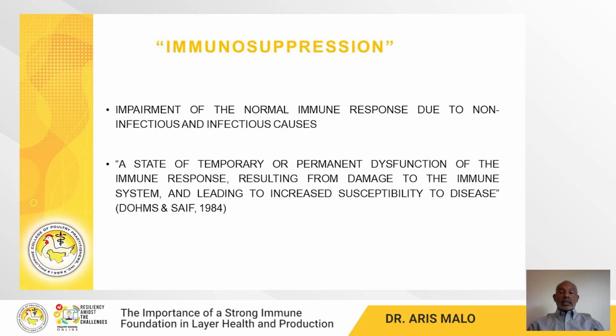The consequence of all of this will be immunosuppression, which is an impairment of the normal immune response due to infectious or non-infectious causes. And this will result in a temporary or permanent dysfunction of the immune system that will lead to increased susceptibility to diseases.